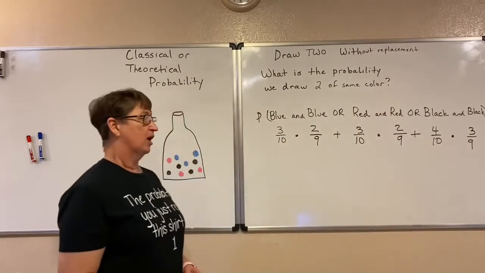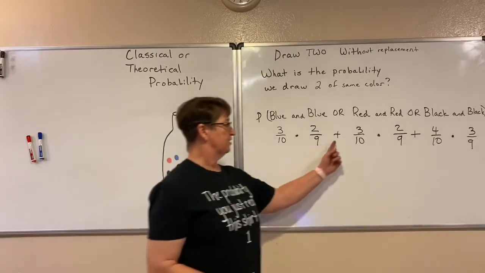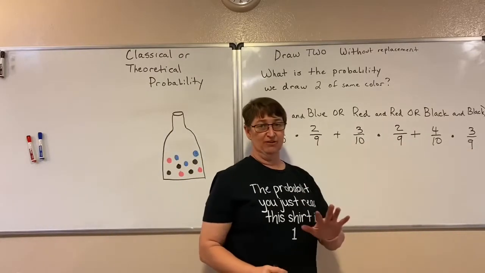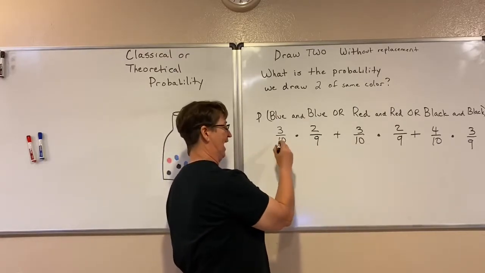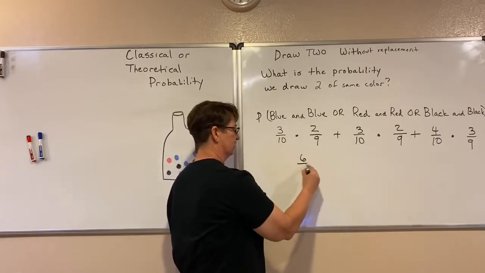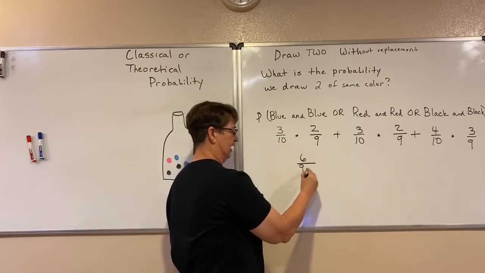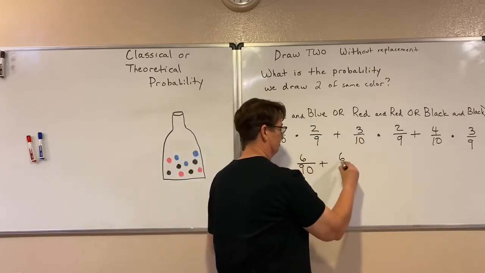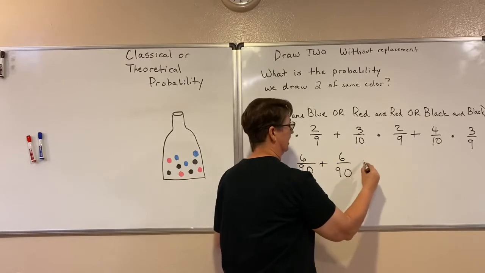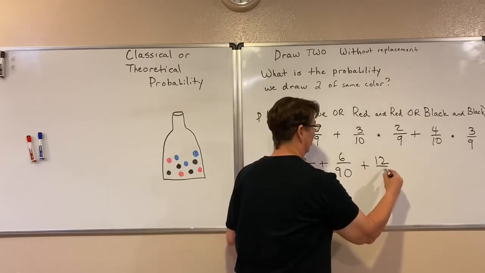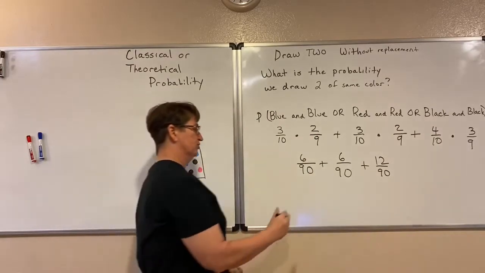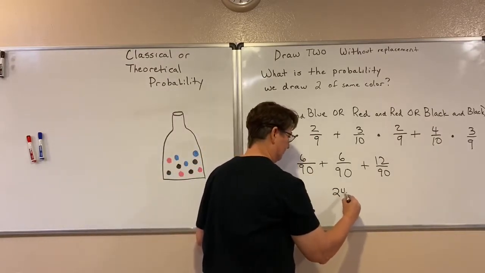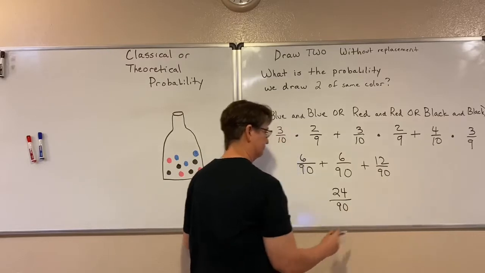And I'm going to go ahead and do this. Again, because I'm adding, I'm going to wait to simplify until the very end. I'm going to want a common denominator in order to add. So 3 times 2 is 6. 10 times 9 is 90. 3 times 2 is 6. 10 times 9 is 90. And this is 12 90ths. Add those together. I've got 12 plus 12, which is 24 90ths.